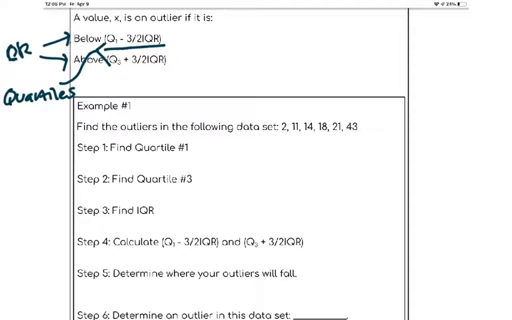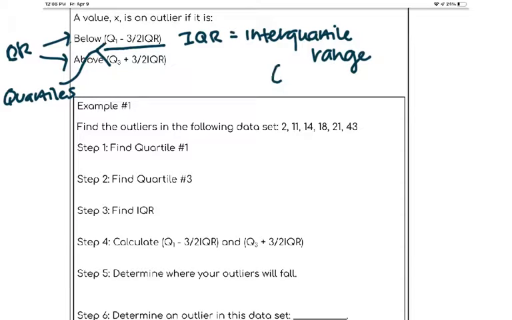Then Q1, your first quartile, minus 3 halves times the IQR. Remember, IQR is your interquartile range, and to find your interquartile range, like we talked about in the previous video, is Q3, quartile 3, minus quartile 1. That'll give you your interquartile range.